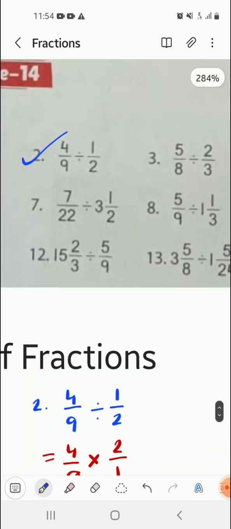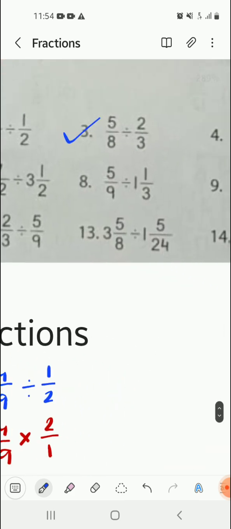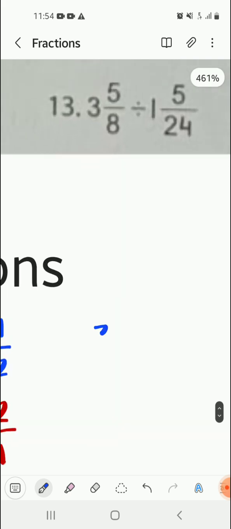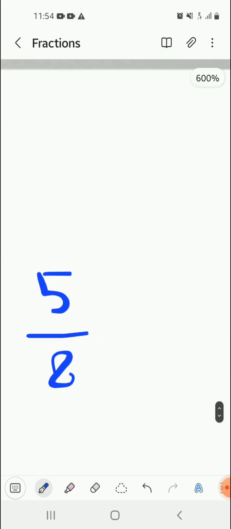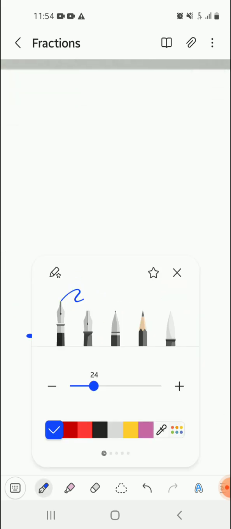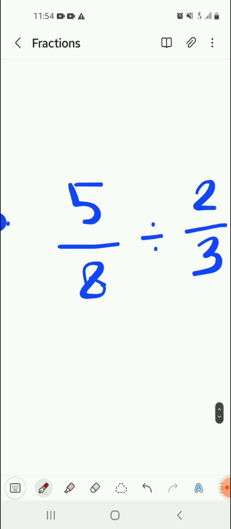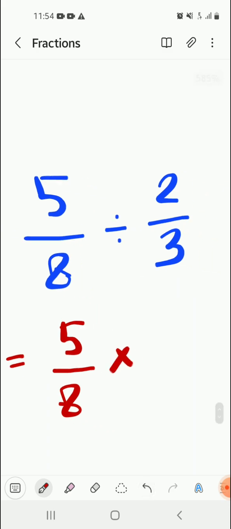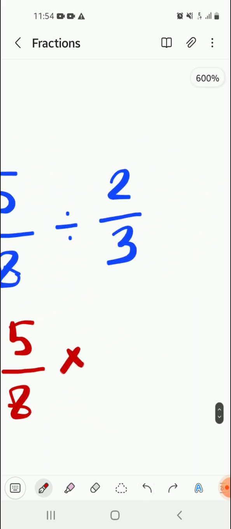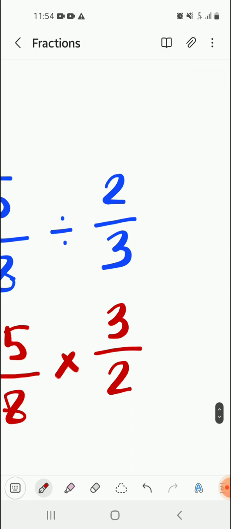Moving on, number 3. 5 by 8 divided by 2 by 3. Same, copy the first fraction 5 by 8. Division sign becomes multiplication and 2 by 3 becomes 3 by 2.